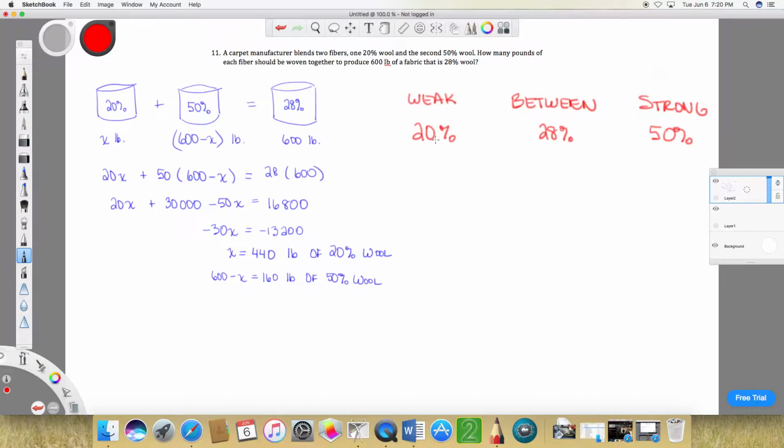Now the weight, the amount that we had for the weak, we let that be our variable x, and because the final mixture was 600 pounds, we knew that this 50% fiber was 600 minus x.